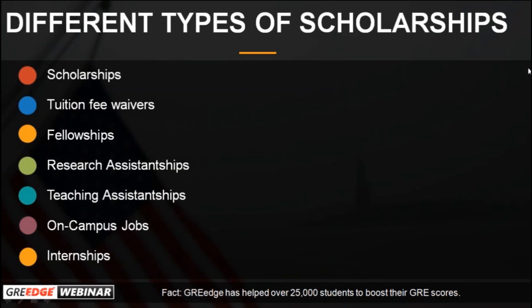So an on-campus job is a concept where you spend about 20 hours on a particular job while you are studying. For example, as a librarian, or in an admissions team, or as a TA, which is part of an on-campus job, or you can help cleaning the campus.